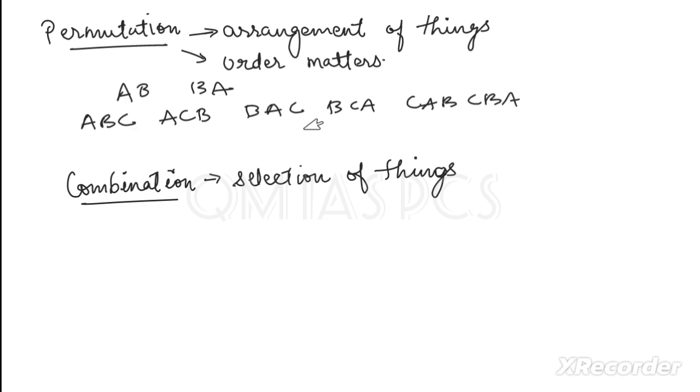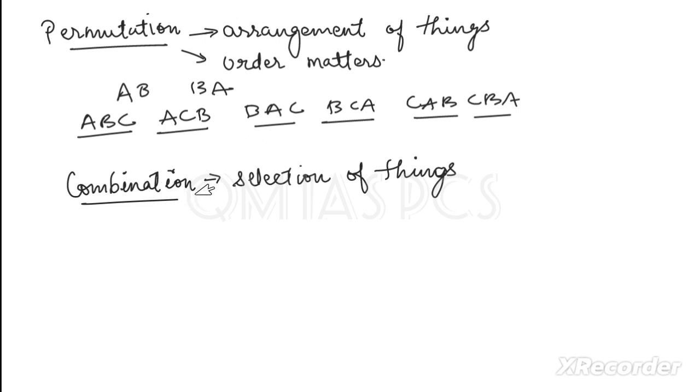In all, there are 6 arrangements. There are only 3 persons A, B, C, but the order is different in all 6 arrangements. That's why the number of permutations will be 6.